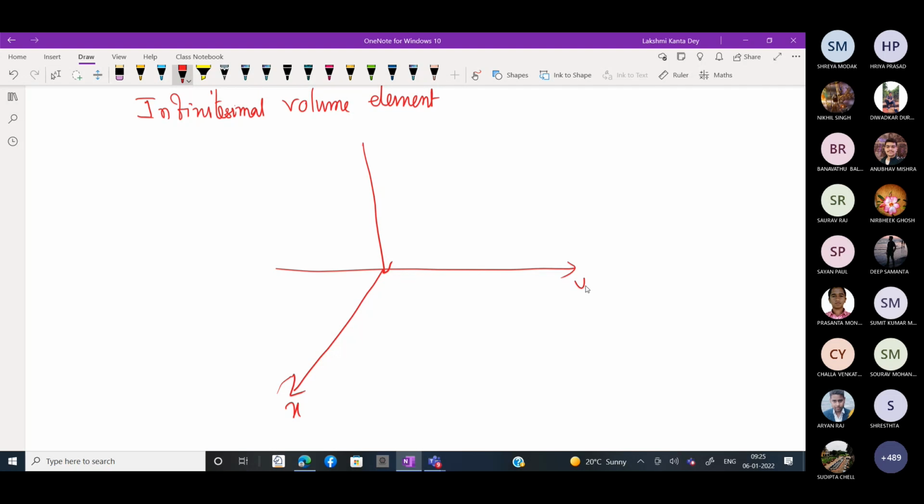This is your X, this is your Y, this is your Z. This thing is equal to theta. And this is your r particularly.